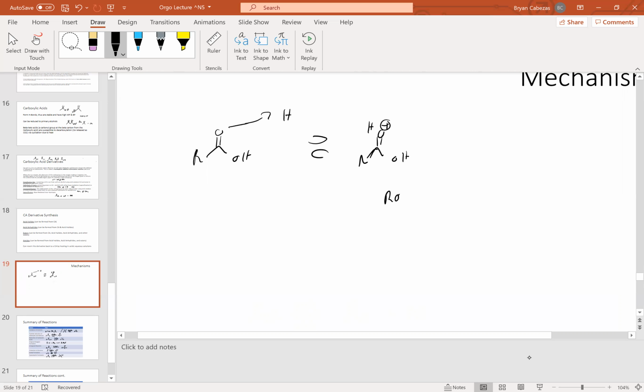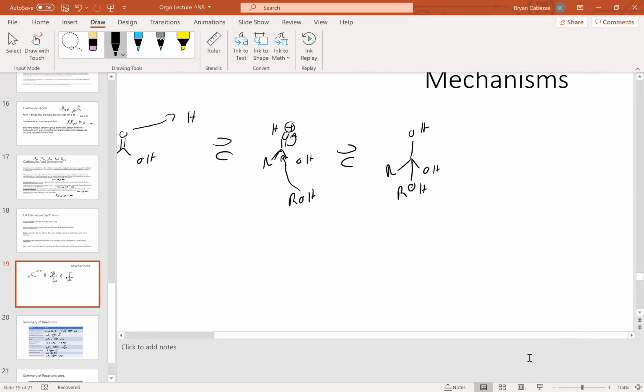So we're going to have our alcohol group be able to attack our very electrophilic carbon. Now this bond is going to go up here. After that, let's say this is the alcohol that just attacked. Let's say this is the resulting situation.